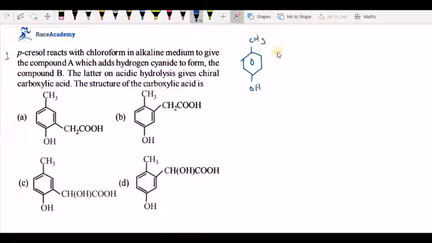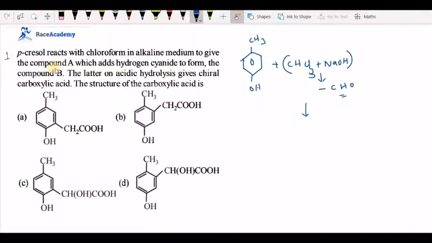So when this is treated with chloroform, alkaline CHCl3 and NaOH, we can attach one aldehyde group at the ortho position. This is very clear.